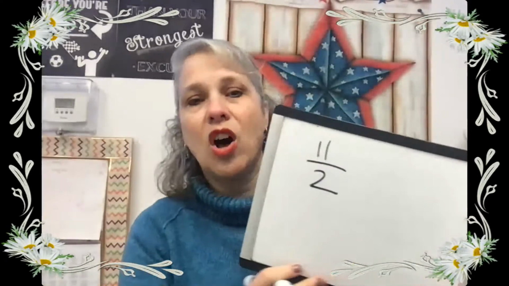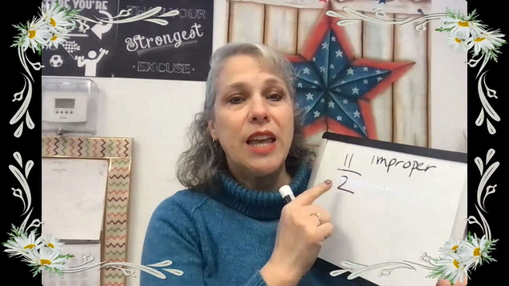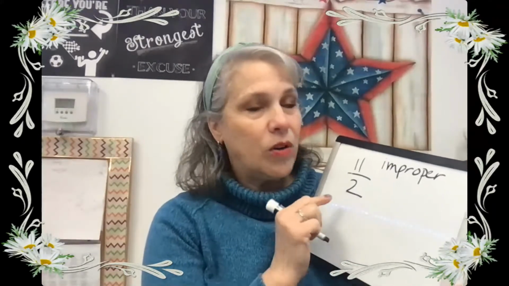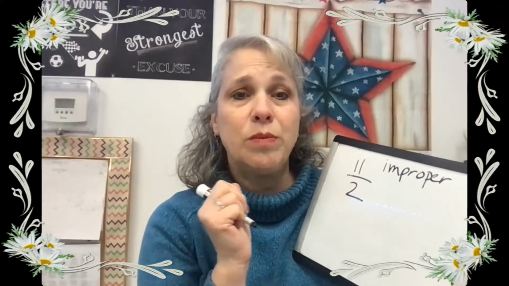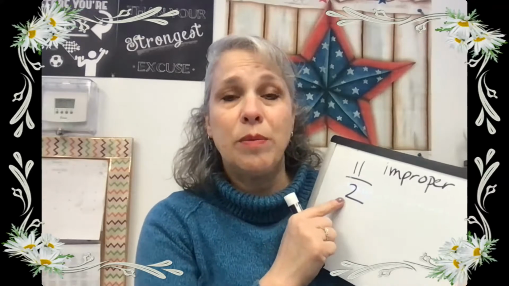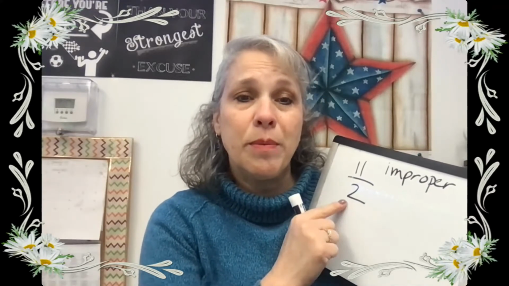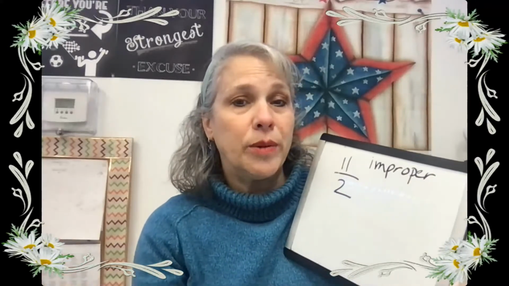Now, if I had a number like this, it is called an improper fraction. It's improper if the numerator, the top number, is larger than the denominator, the bottom number. Sometimes we need to put fractions into improper form, and we need to know how to switch them from improper to proper.